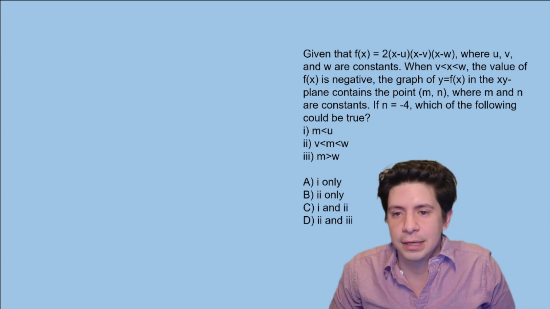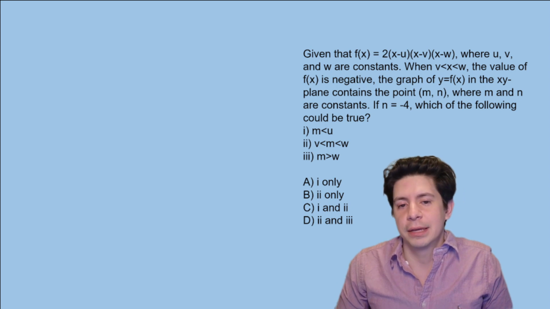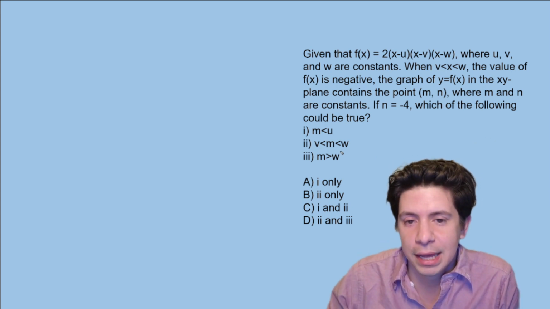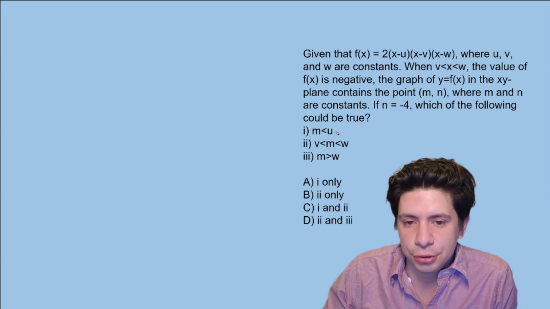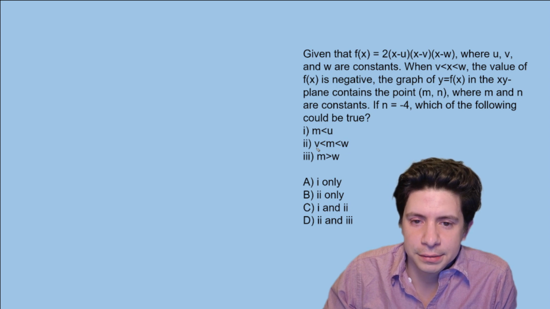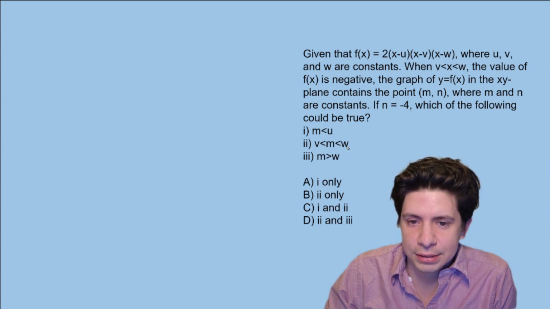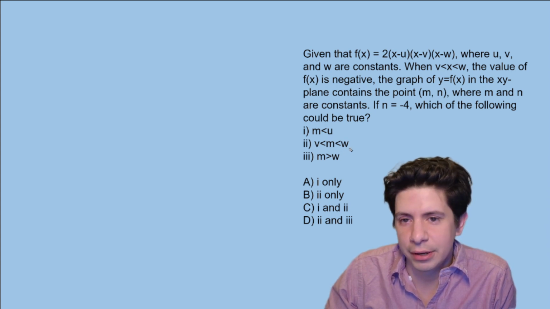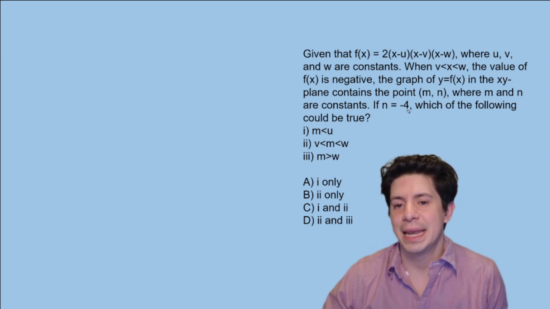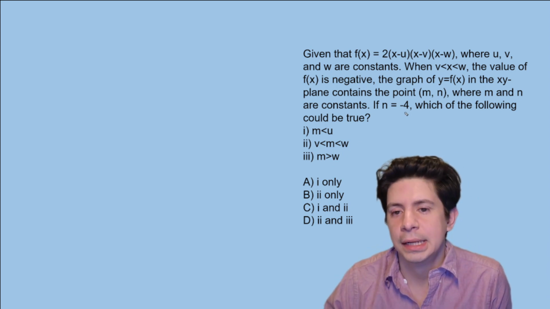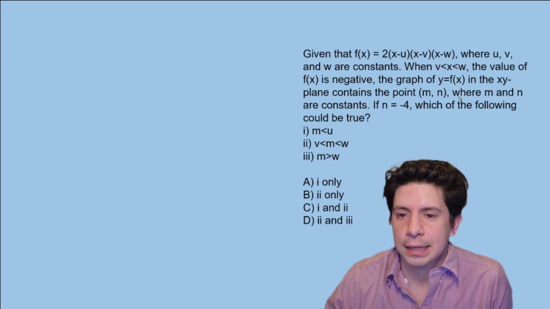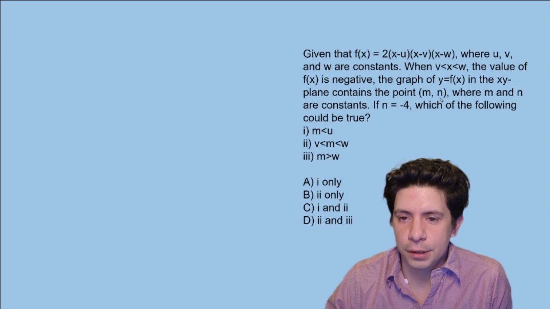If n equals negative 4, which of the following can be true? And then we have three options: m is less than u, v is less than m, which is less than w, and m is greater than w. Okay, so if we have negative 4, that means that y is negative 4.